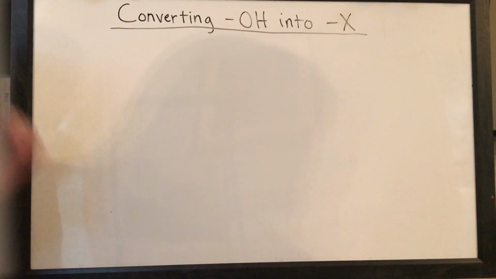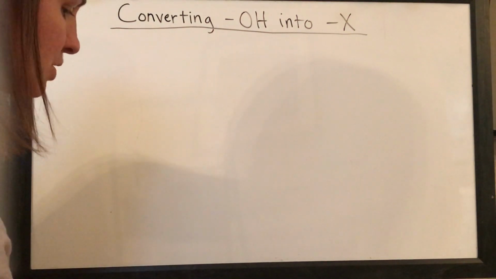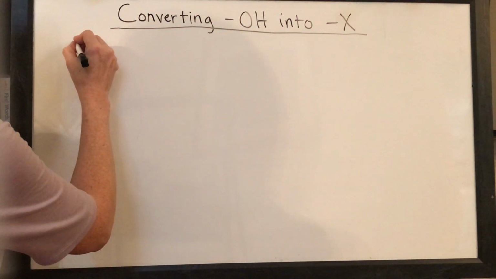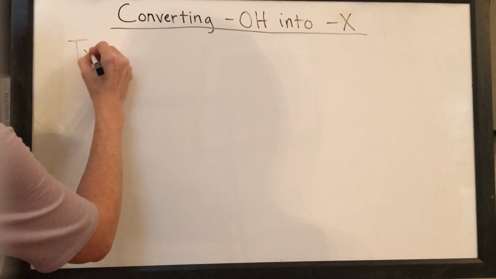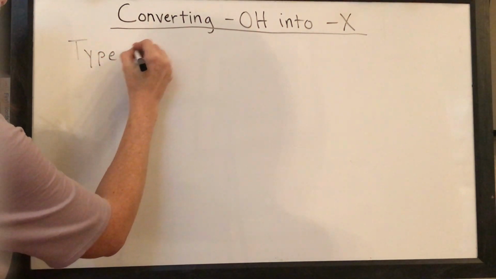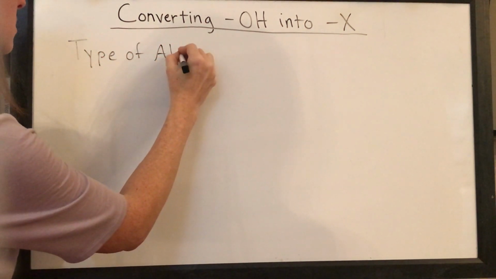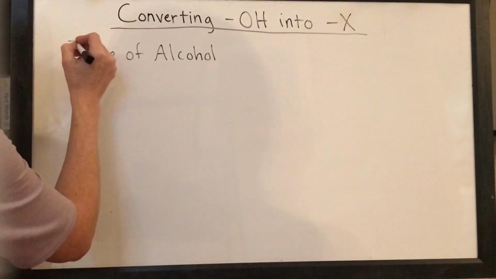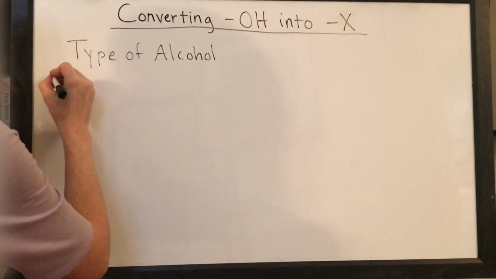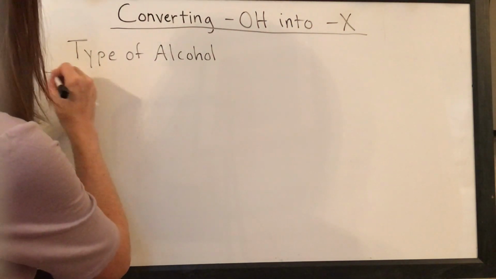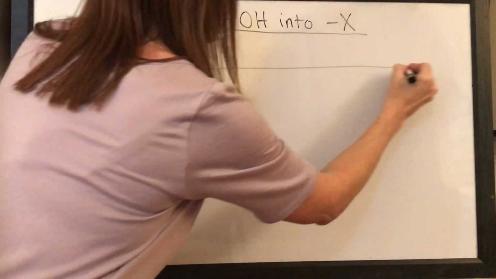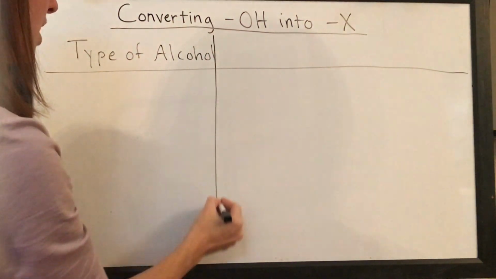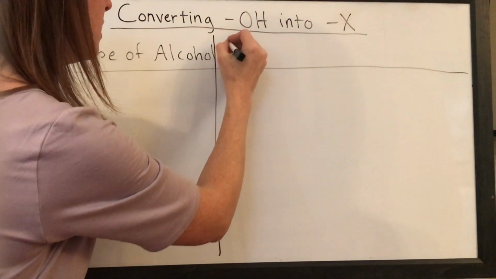with the secondary alcohols. What I'm going to do is make a chart here because we can have different types of alcohols, primary, secondary, and tertiary. So depending on the type of alcohol, there are going to be better reagents to use to convert them into bromine and chlorine. Okay, so my alcohol can be primary, secondary, or tertiary.